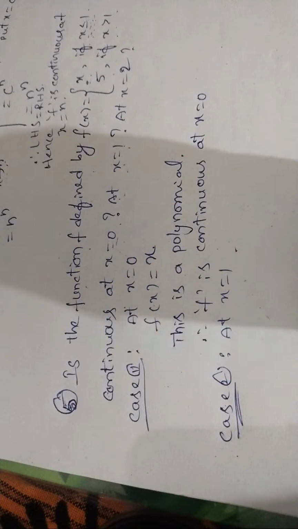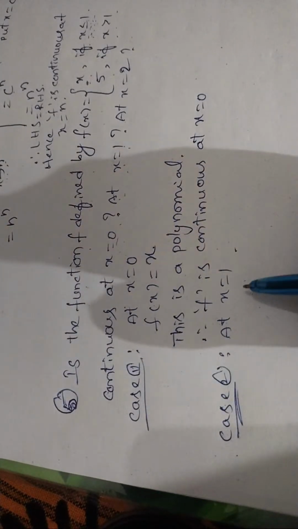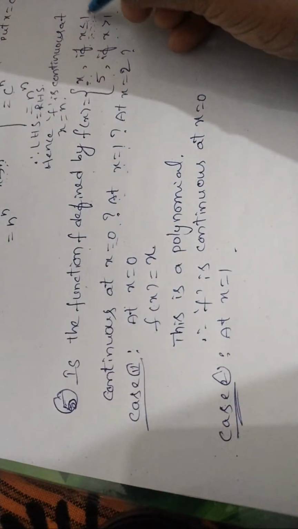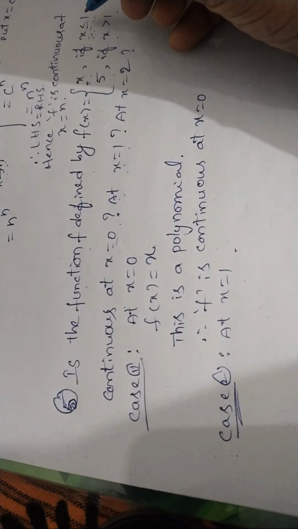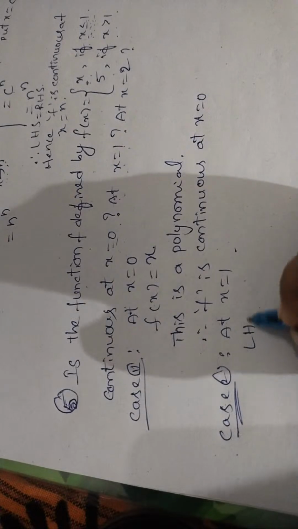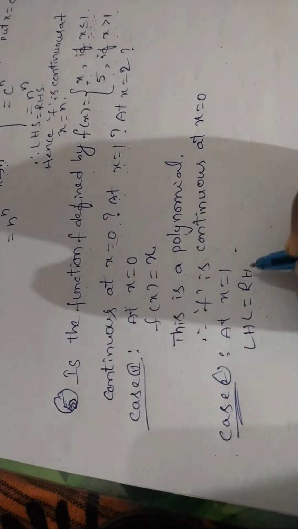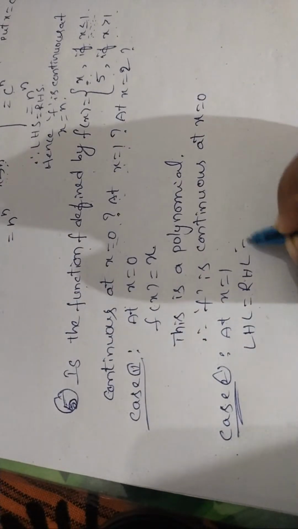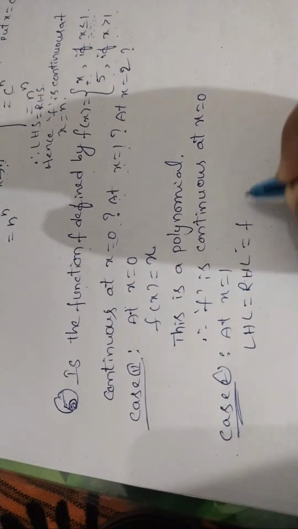It is the equal case, exactly equal to 1. Previously I told that when it is exactly equal to this value, the formula is LHL equals RHL equals f of 1.